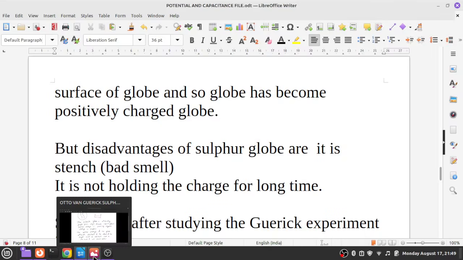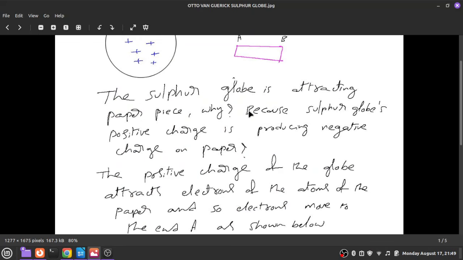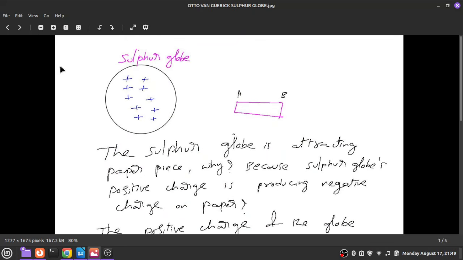Let us see that. You see this figure. Okay, here, what is that? A sulfur globe is taken, and that sulfur globe is rubbed with hands. Thereby the sulfur globe acquired positive charge. To this charged sulfur globe, at a very near place, a paper is placed.